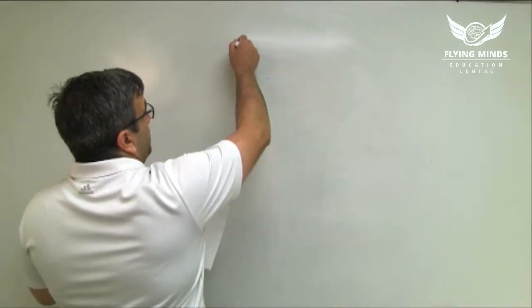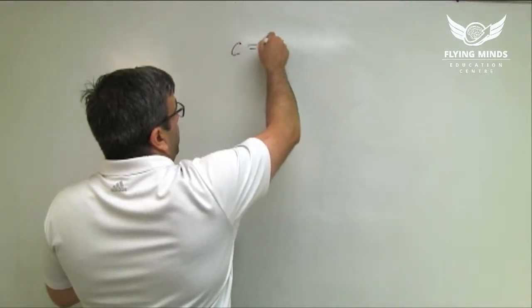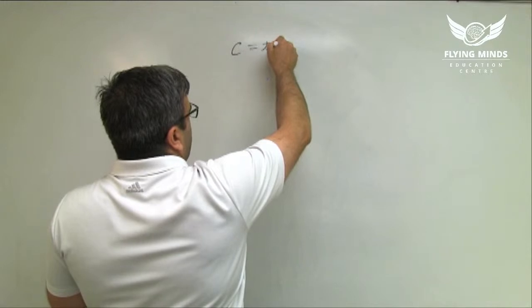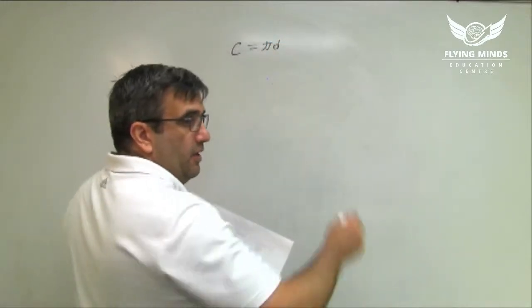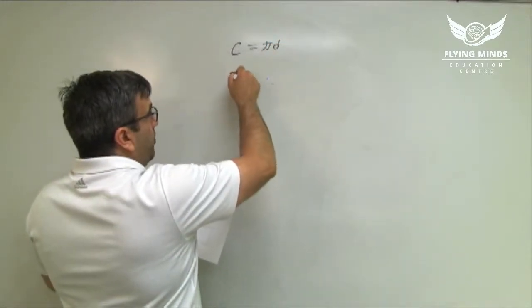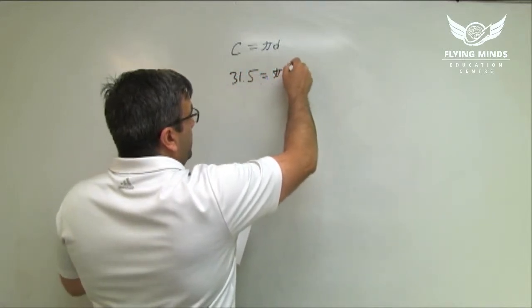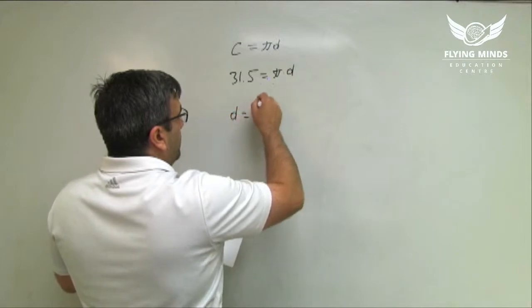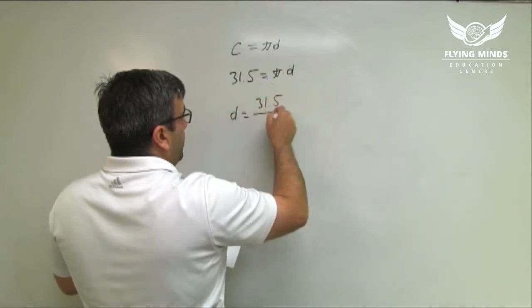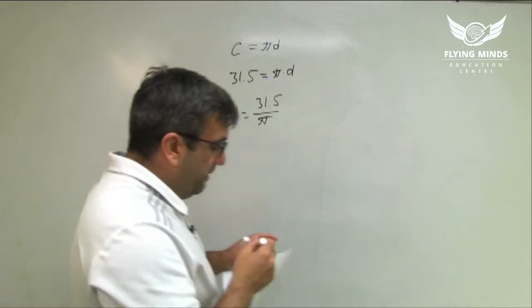And we're given the circumference, and we can calculate using the formula pi times d, right? Circumference equal to 31.5 equals pi times d, then d equals 31.5 divided by pi.